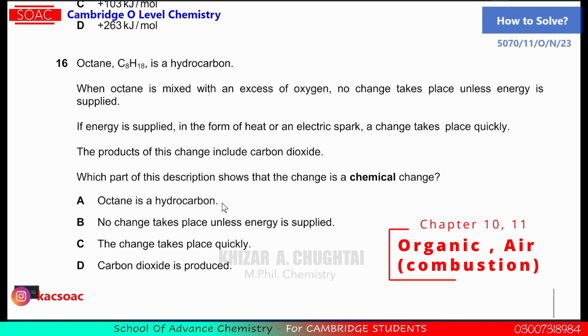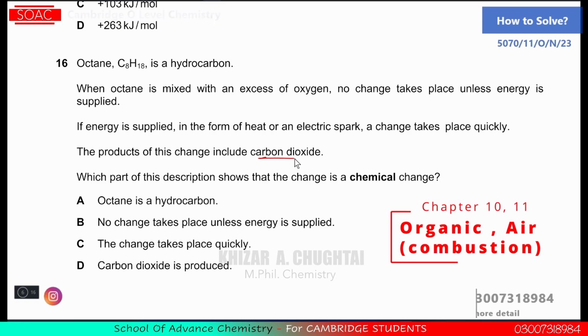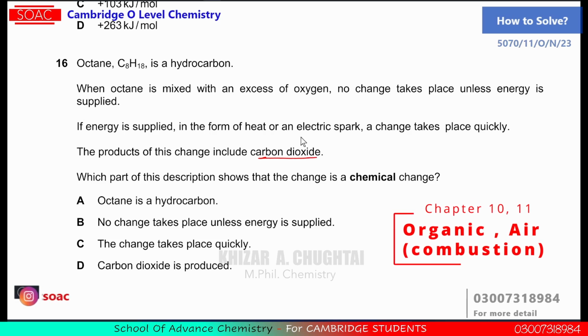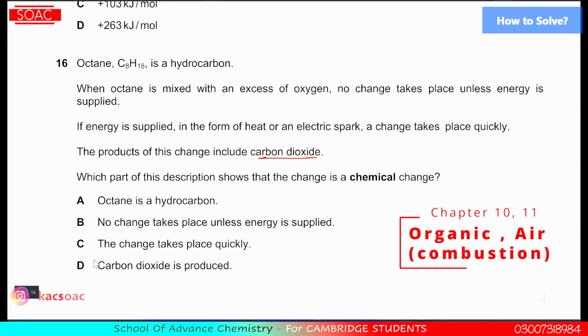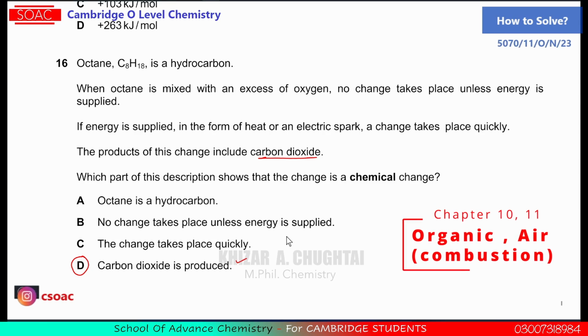Octane is a hydrocarbon; no change takes place unless energy is supplied; the change takes place quickly; carbon dioxide is produced. As you have seen, the product includes CO2. A new substance is formed, that is carbon dioxide. So the formation of carbon dioxide shows the chemical change. As CO2 is produced, it is an indication of chemical change.